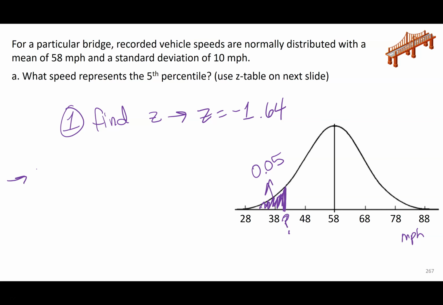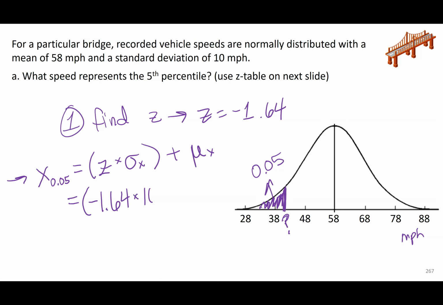So now we're going to find x for the 5th percentile, so 0.05, or 5 over 100, is equal to z times sigma plus mu. So I have everything I need to plug in here. So it is equal to negative 1.64 times 10. So nice, I love multiplying by 10. Plus 58. So I'm going to get something like negative 16.4 plus 58.